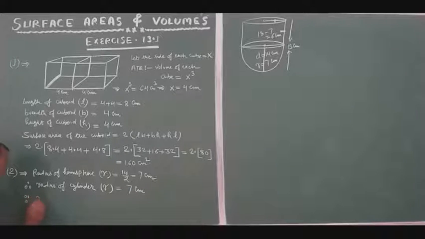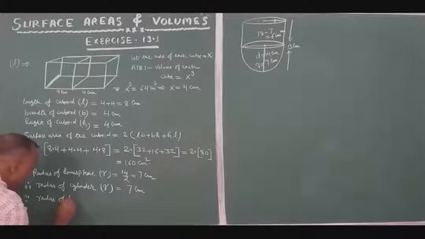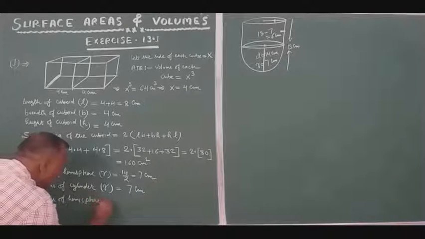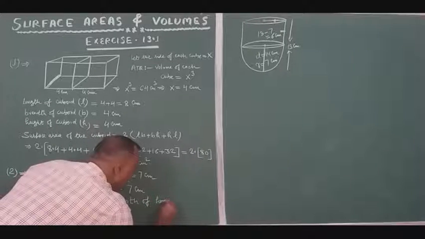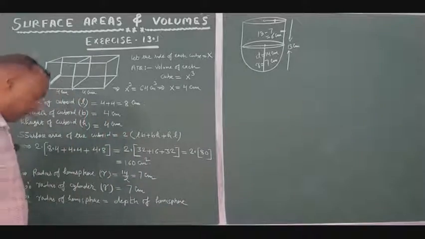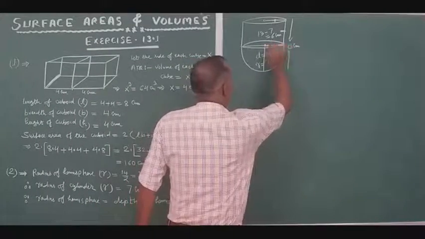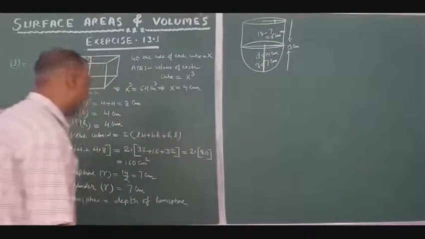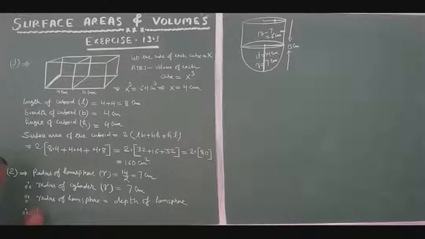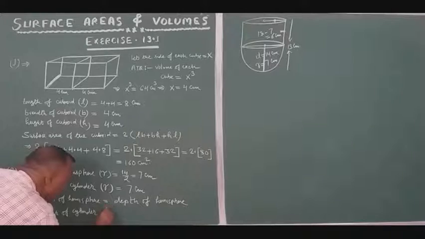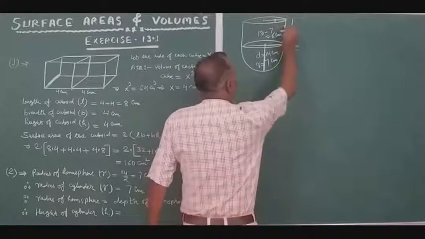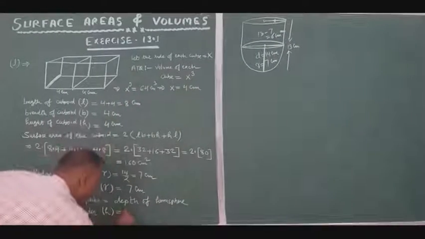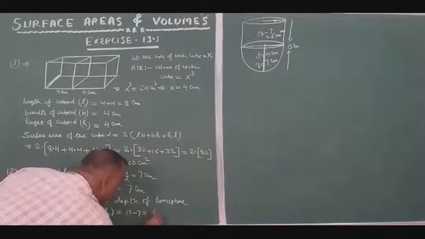Since the radius of the hemisphere is equal to the depth of the hemisphere, because the radius goes from here to here, this is also the depth. Therefore the height of the cylindrical portion h, since the total height is given 13 centimeter, will be 13 minus 7, that is 6 centimeter.